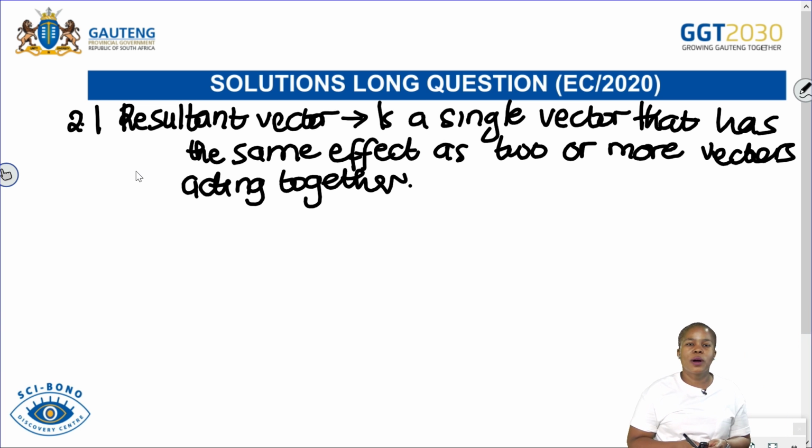With that one, remember your definitions are 2 marks or nothing, so you need to get them right all the time.